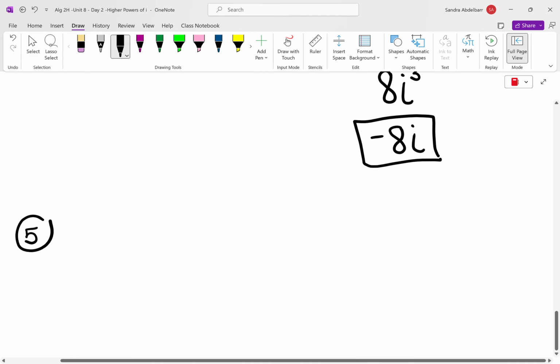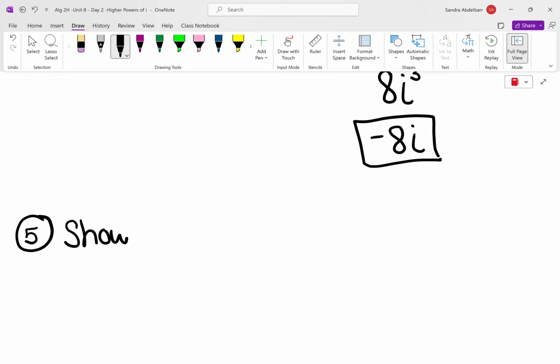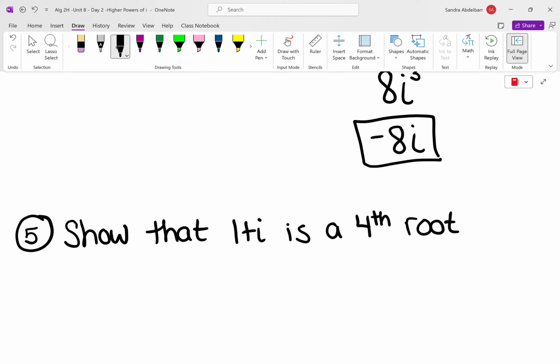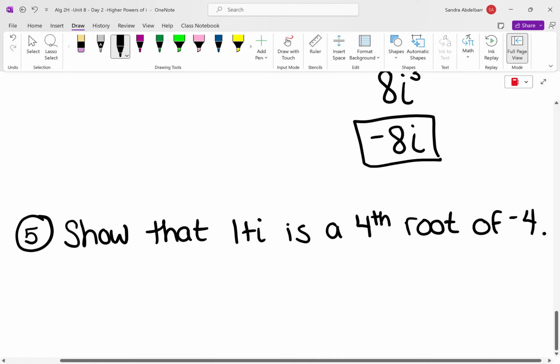Okay, next one. I want us to show that 1 plus i is a 4th root of negative 4.